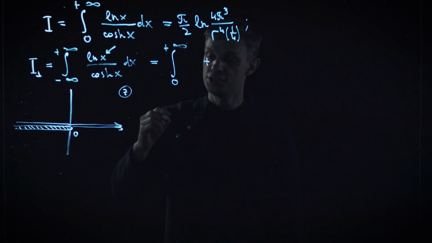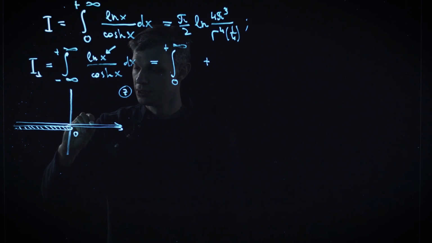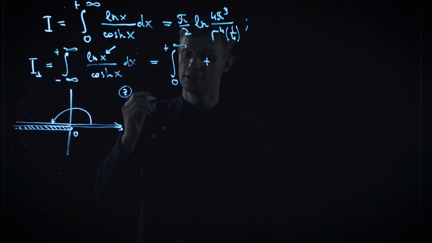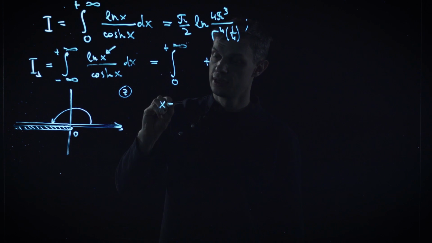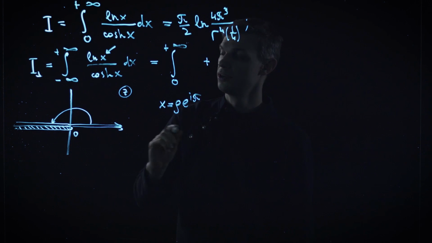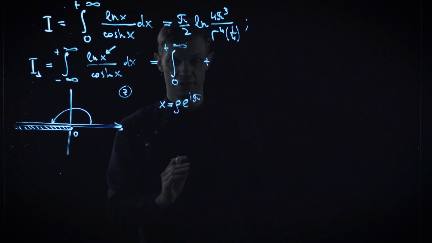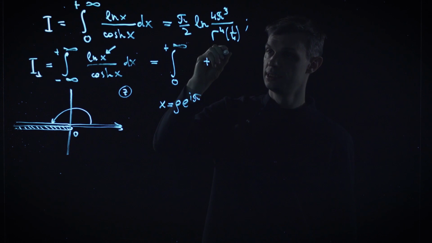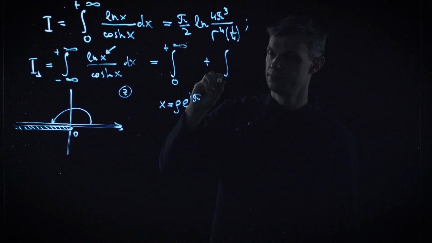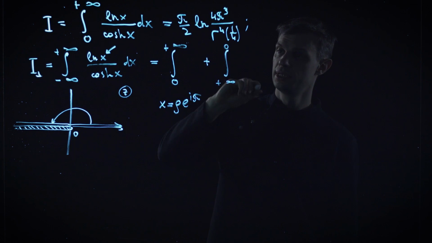But let's actually switch to the representation of this x variable in its exponential form. So x equals rho times e to the I pi for the negative part of the contour. And as a result, rho changes from plus infinity to 0.